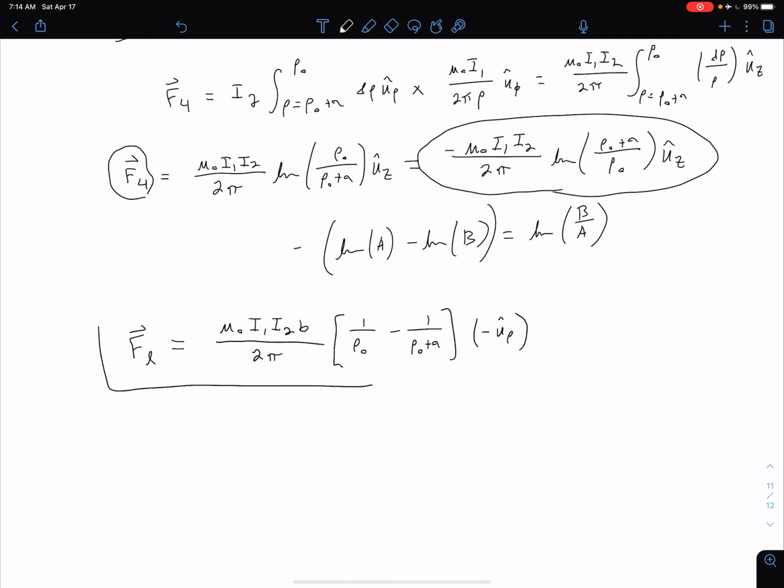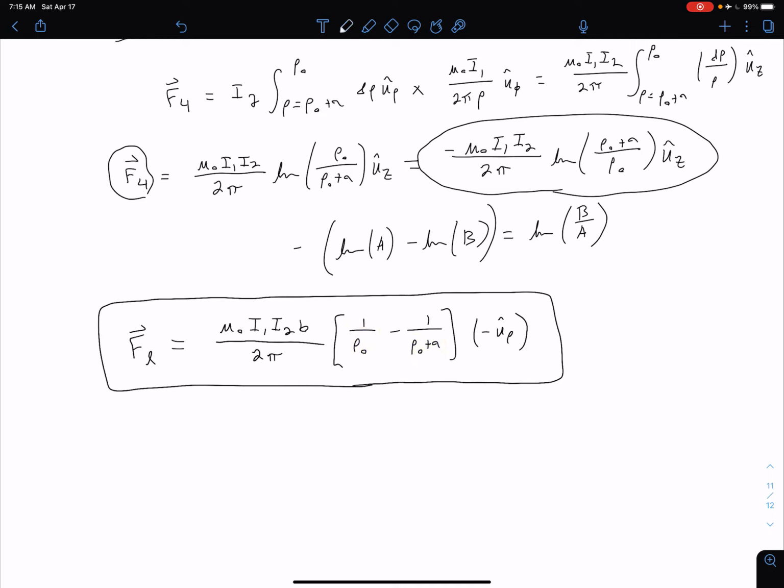That would be our final answer for the force on that current carrying segment I2 due to our infinite current carrying filament with current I1. As we noted above, the second term is smaller because we have a larger denominator, so the force on the inner segment, segment 1, is stronger than the force on the outer segment.